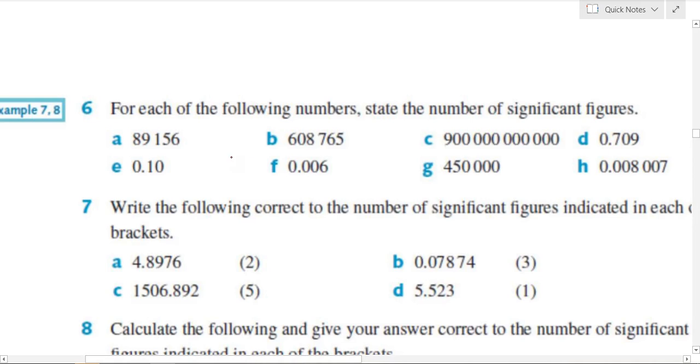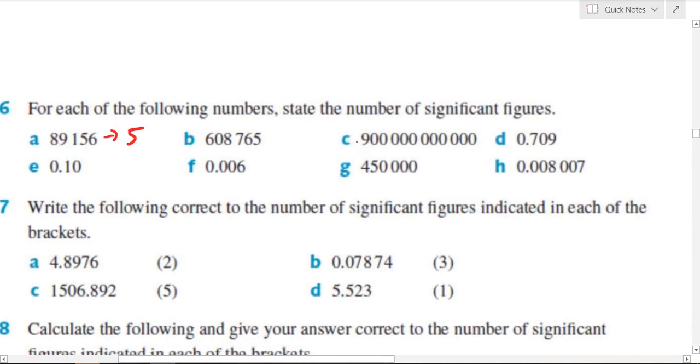So in this case, let's look at A. How many significant figures for A? You can call it out. 5. Good. Did anyone say 5 before? I couldn't hear it. What about for B? Good, 6, because even though that's a 0, it's between non-zeros. What about for C?